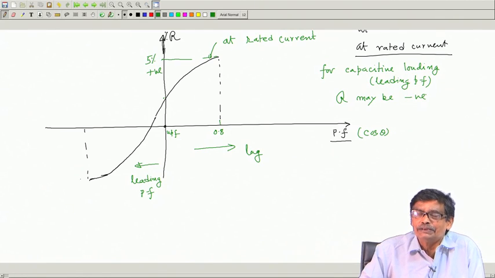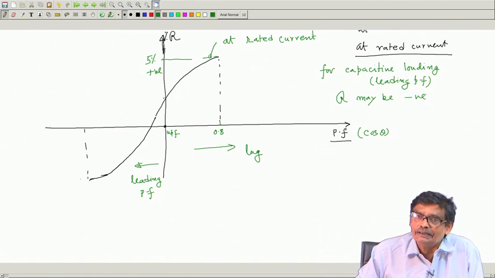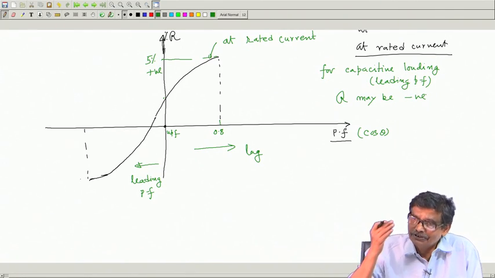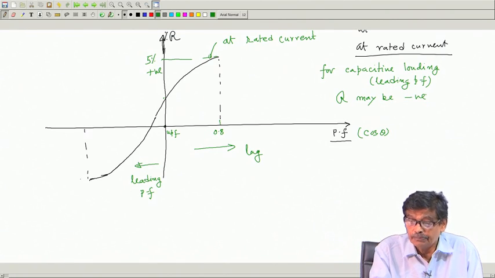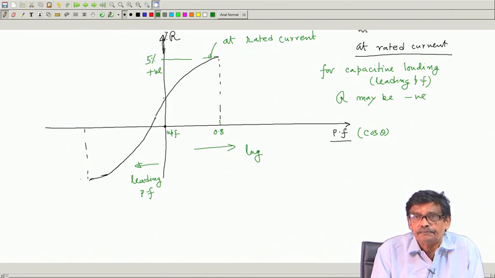Unlike a battery with an internal resistance R, you connect a load, always the voltage will fall. Positive regulation means voltage falls.